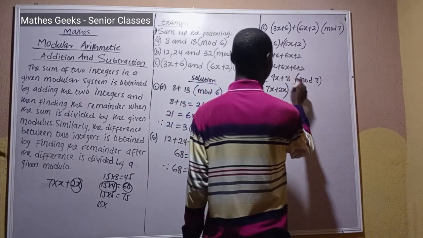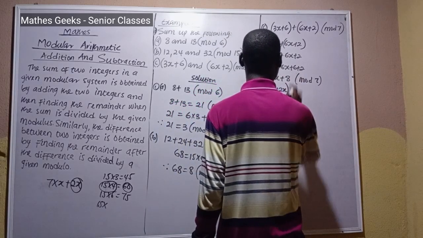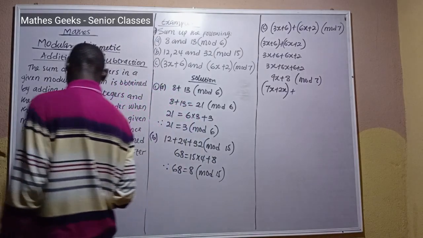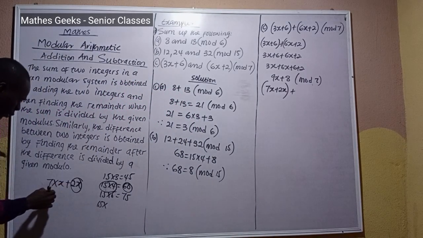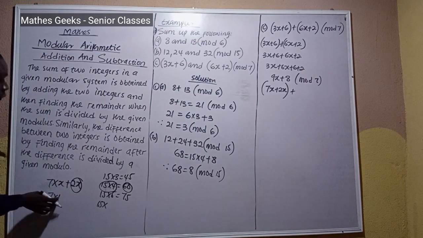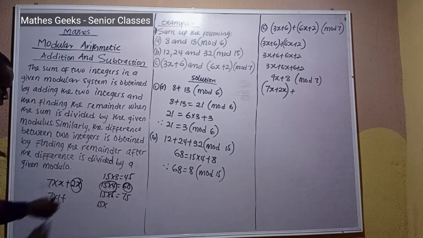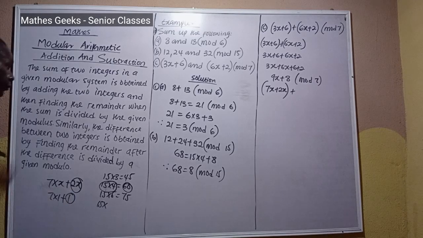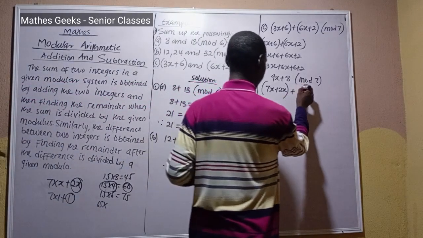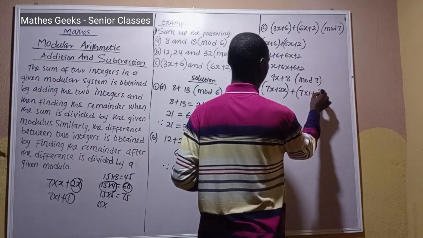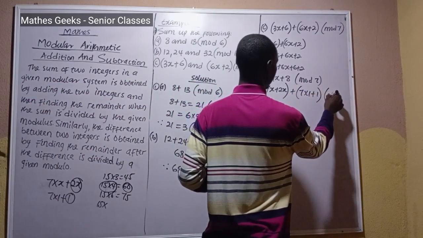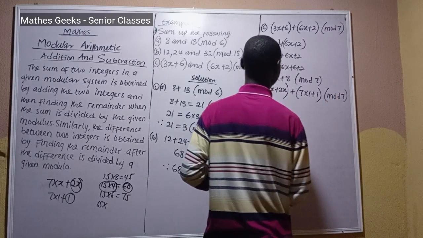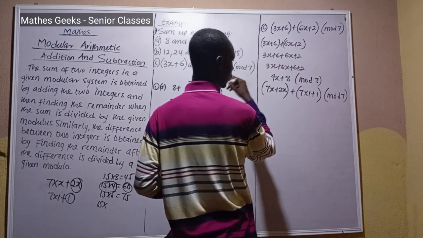And then for the 8, the multiple of 7 that's closest to 8 is 7 times 1, which is 7. What would you add to 7 to get 8? It is 1. So 7 times 1 plus 1, where 1 is our remainder. This is done in mod 7.